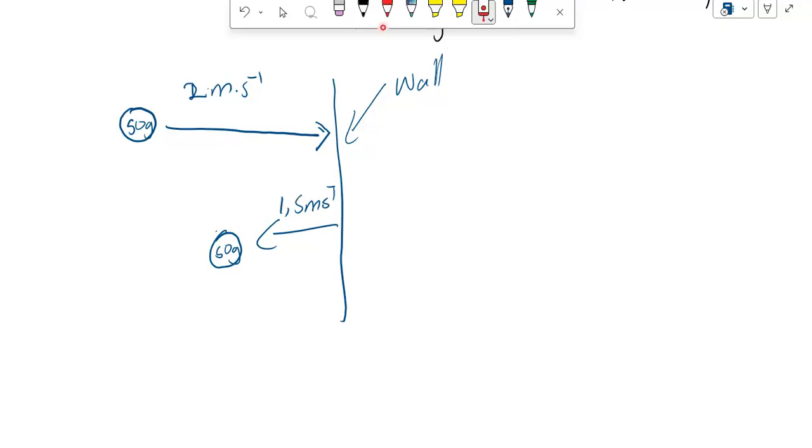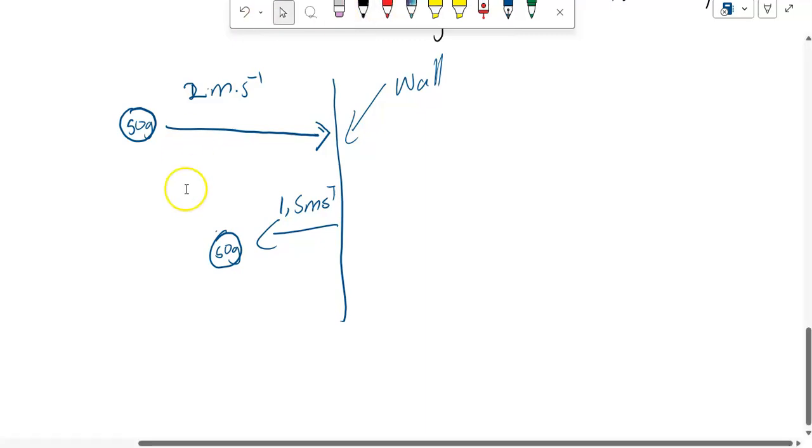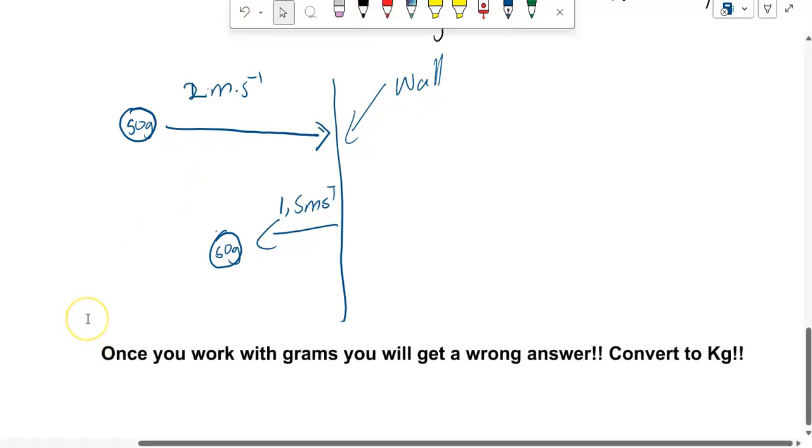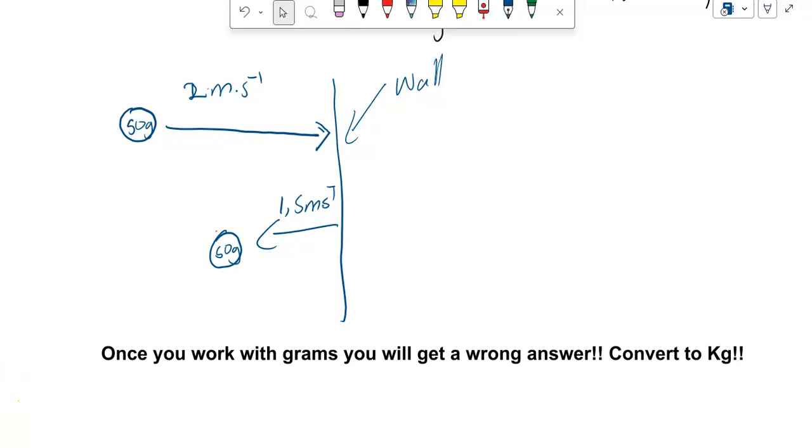The first thing you should do in physics paper 1, our mass must always be in kilograms. So once your mass is in grams, you need to convert your mass from grams into kilograms. If you work with grams, you are going to get an incorrect answer.